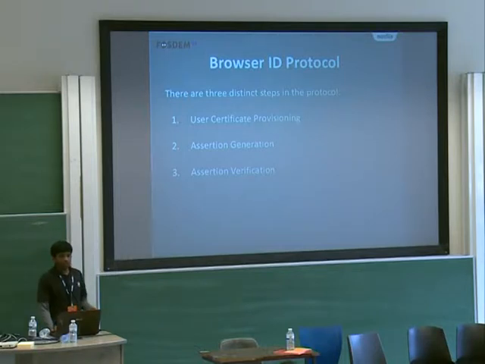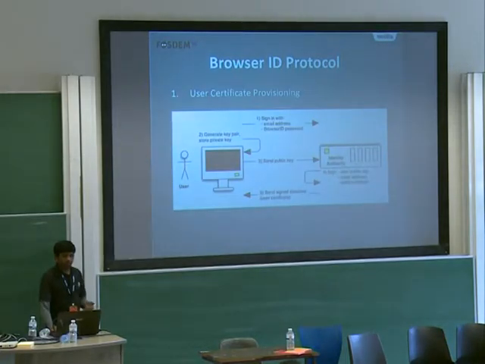So how does this work? I'll tell you in 3 steps. When you click on sign in, it takes your email as an input, and BrowserID's, I mean Persona's password for the first time, and then it generates a key pair, stores its private key in the PC, and sends its public key to the identity authority.